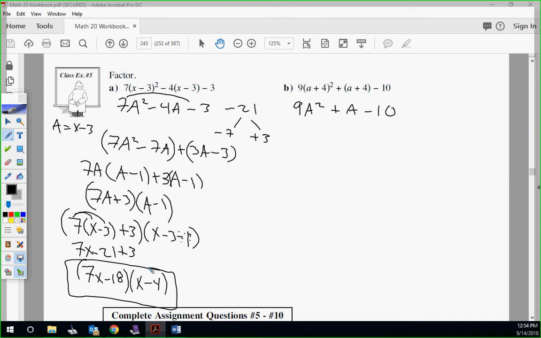Okay, this one, negative 90. Well, it's 1 apart. Well, that's 9 and 10. It's just going to be a positive 10 and a negative 9. So found my factors, broke up the middle.